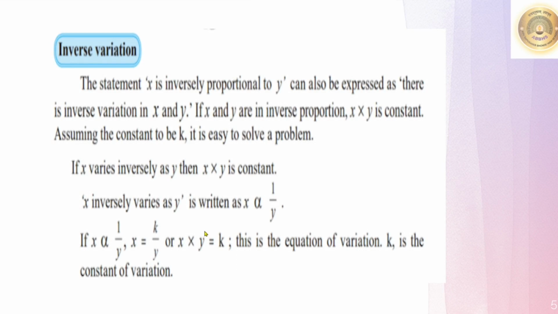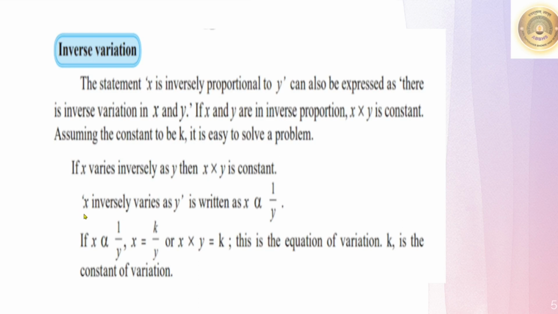The statement x is inversely proportional to y can also be expressed as there is inverse variation in x and y. If x and y are in inverse proportion, then x multiplied by y is a constant. Assuming the constant to be k, it will be easy for you to solve problems. If x varies inversely as y, then x multiplied by y is a constant.